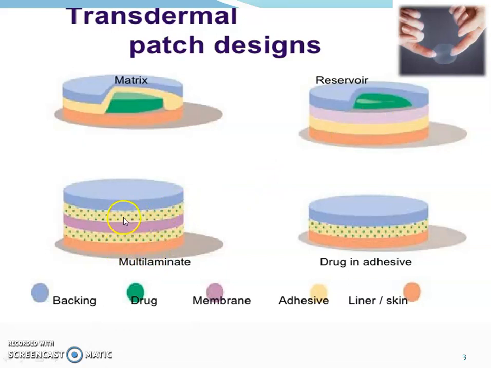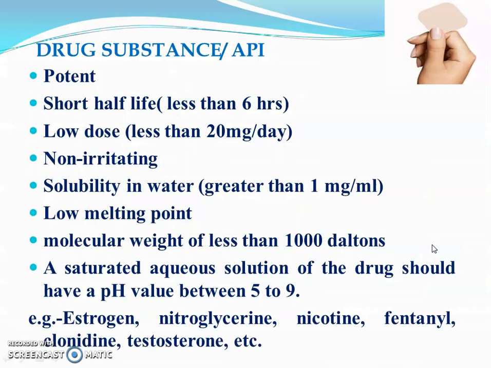See here, this is the drug present into the adhesive, again polymeric layer, and drug present into the adhesive. So drug is present in one or more forms, that is called a multilaminate, and last one is the drug in the adhesive. Here the drug may be present into the adhesives. So these are the different types of transdermal patches.